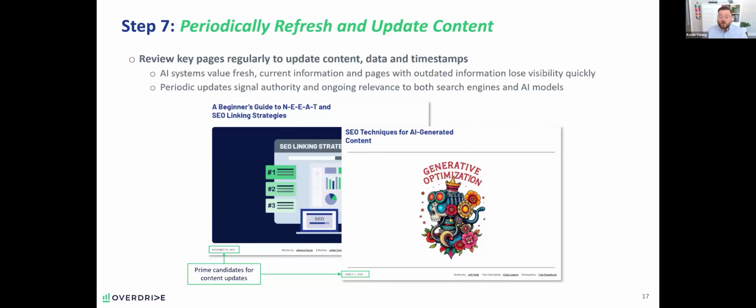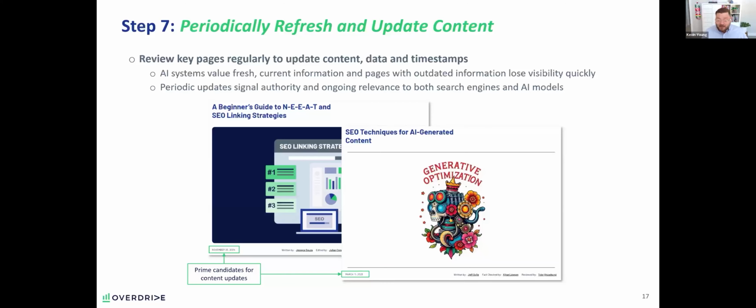We need to go in and make sure that everything is up to date and still correct. We need to add some additional context, add some additional sections, maybe add some more FAQs at the bottom of the page. But we need to go in, improve the page, and then update that published date to either a new published date or an updated date.